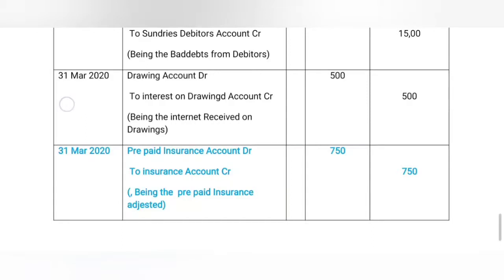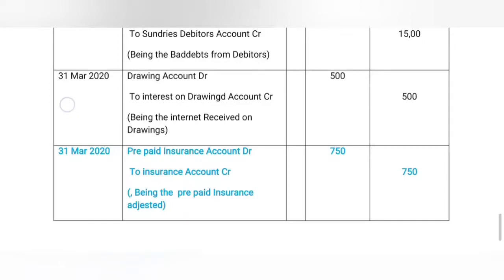Why? Because the amount is adjusted to the insurance account. If the insurance account is for example 10,000, this amount includes prepaid of 750. Here this amount is deducted from the whole insurance account. It is now 9,250 rupees related to the insurance account. So this entry is completed.